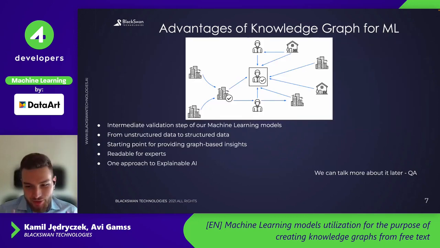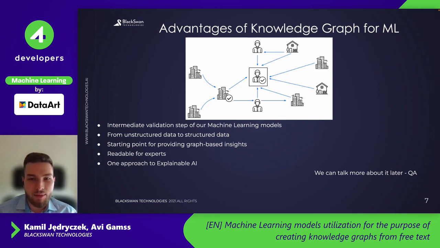Okay, this is what I would like you to remember from this session, especially for the ML community. What are the advantages of the knowledge graph for our ML and industry space, or ML environment, you name it? First of all, I treat them as an intermediate validation step for our machine learning models.